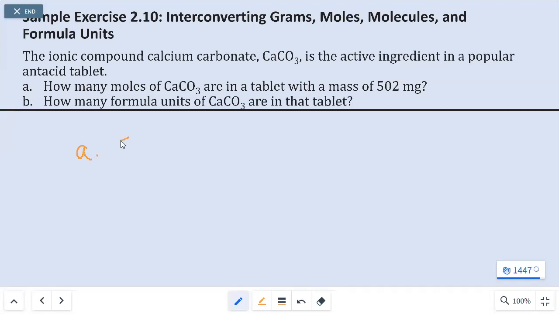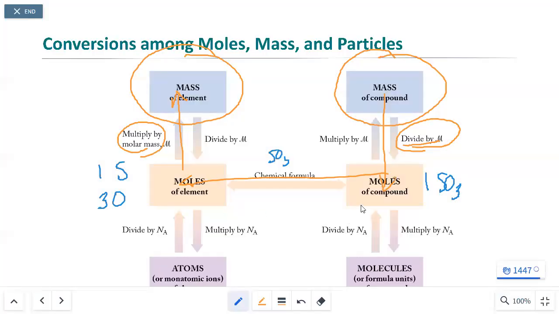So 502 milligrams of calcium carbonate. The first thing we want to do is convert that milligrams into grams. There are 1,000 milligrams in every gram, so my milligrams will cancel. Now to go from grams of a substance to moles, I'm going to need to divide by the molar mass.